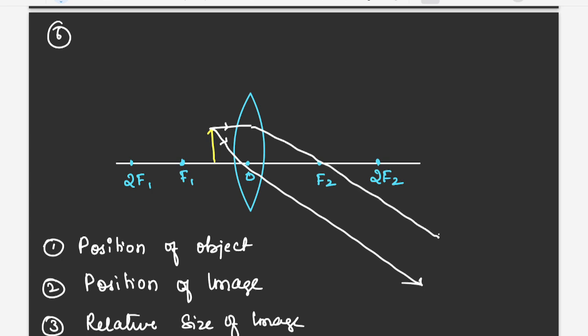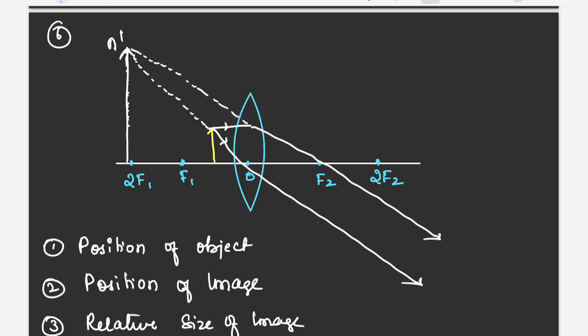So it will pass like this. Now what we have to do is extend these two lines and see where they are going to meet. Use a scale to extend it. And here they are going to meet somewhere here. So this is the place where the image is formed.